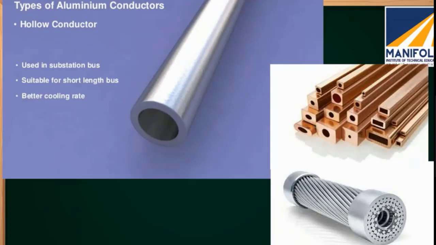The other type of conductors apart from the ACSR are the hollow conductors. In hollow conductors, the middle portion of the conductor does not contain any material. Only the outer portion will have the conducting material.